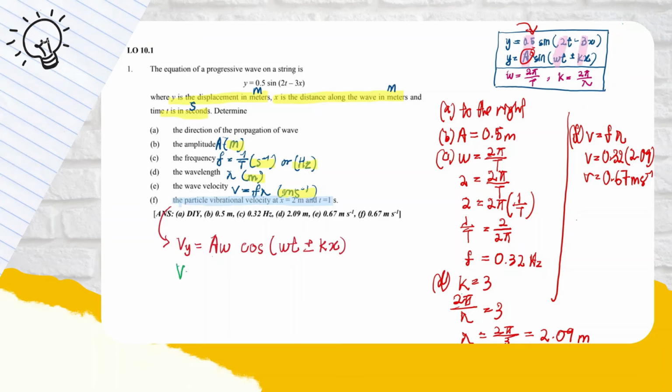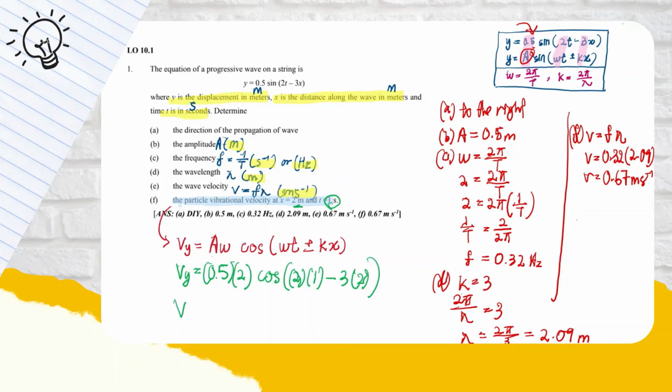So v_y is equal to 0.5 times ω times cos(ω t minus k x), with t is 1, k is 3, x is 2.